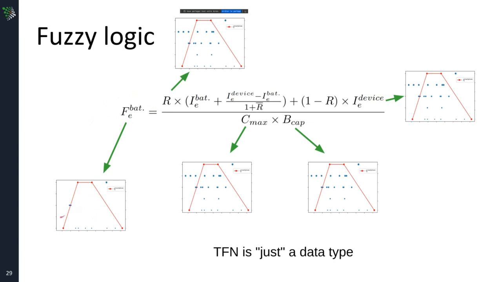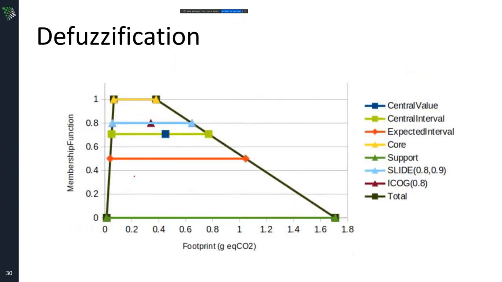However, this kind of fuzzy logic is not very useful for communicating, so we need a way to turn that trapezoidal fuzzy set, the estimated environmental impact, into a single value and an uncertainty level. So there are a lot of ways to do that.